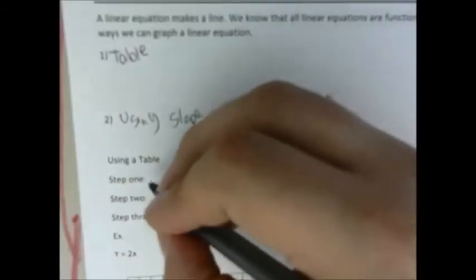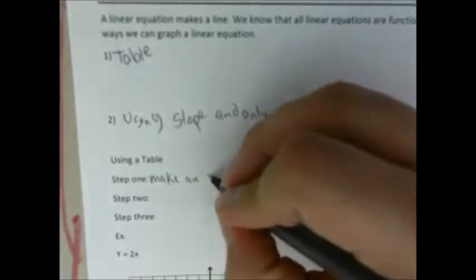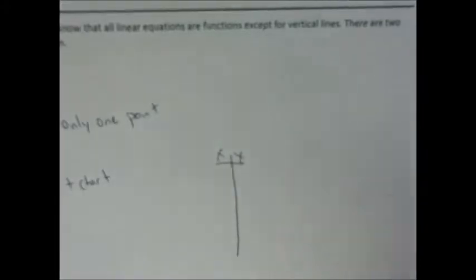Okay, using the table, you first want to make an x, y, t chart. Alright, so make an x, y, t chart. Okay, this is going to look like something like this. Alright, the x, y, t chart looks something like that. Okay, step 2.